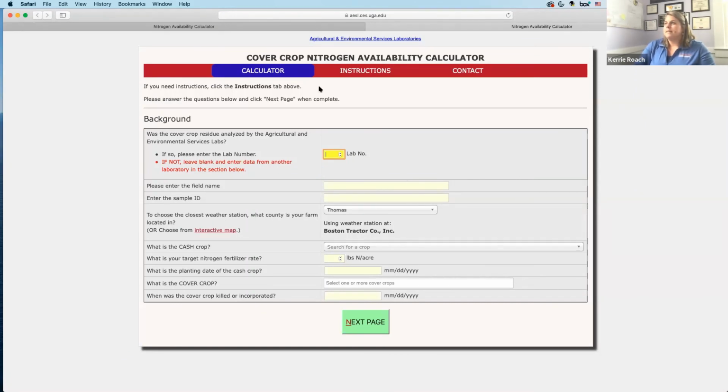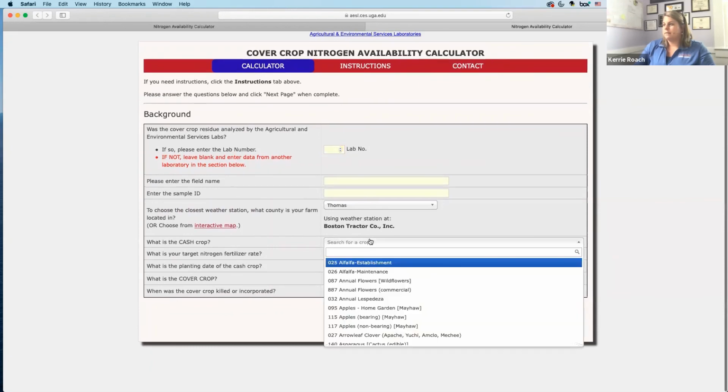But here is the calculator that's available from the University of Georgia. And there are instructions with it. You just click right here in this middle section. There's also a place to contact someone if you need help. But if you have a lab number, you can enter it there. That's for Georgia. So if you don't have a lab number, that's okay. But you can actually select here for a crop.